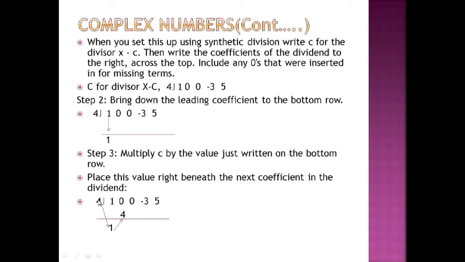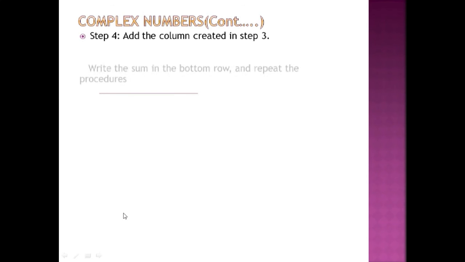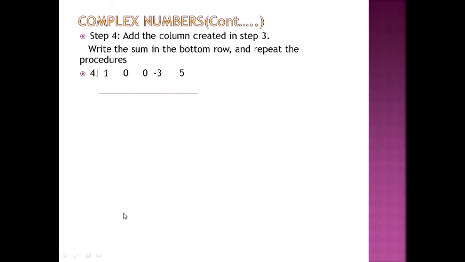Then we multiply 4 times 1, then the resulting answer we put beneath the next coefficient, which is 4 now. So we take 4 times 1, then the answer we put beneath the next coefficient there, which is 0. The next step, step number 4, is to write the sum in the bottom row and repeat the procedure.